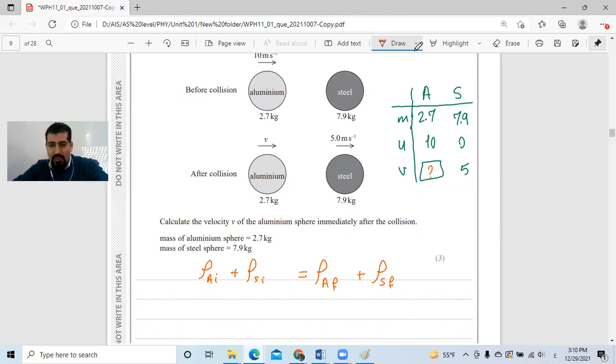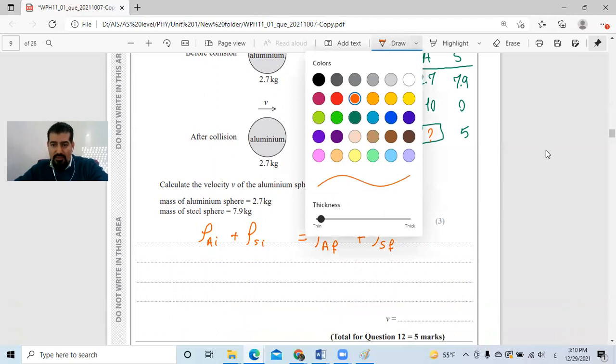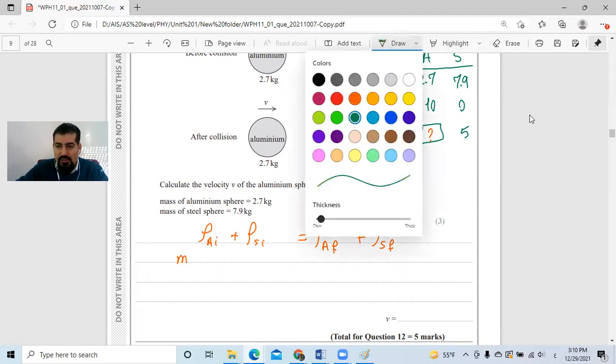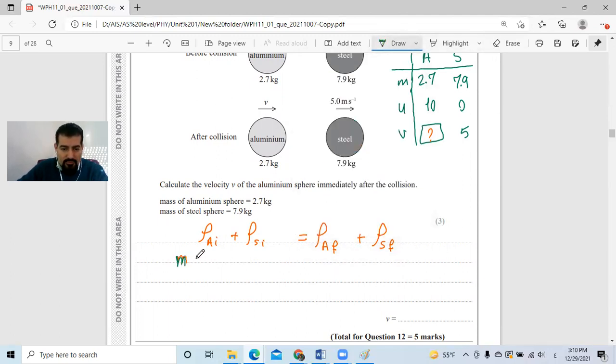I can write it down. It will be M aluminum U aluminum, that's the initial momentum for aluminum, plus M steel U steel, the initial speed for steel, equals M aluminum V aluminum, that's what they ask about, plus M steel times the velocity of the steel.